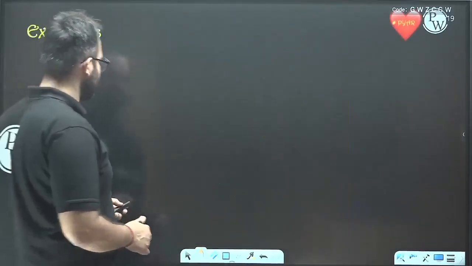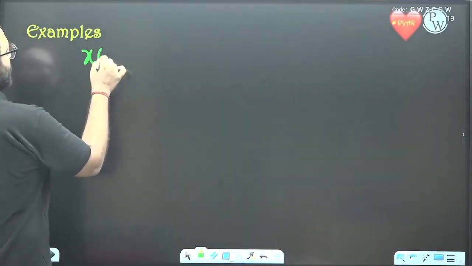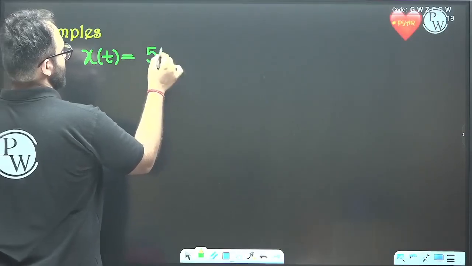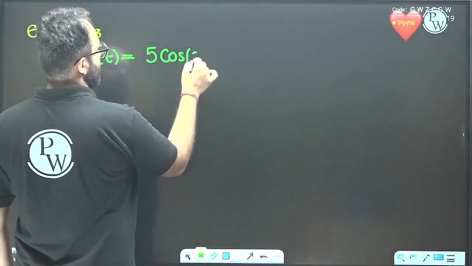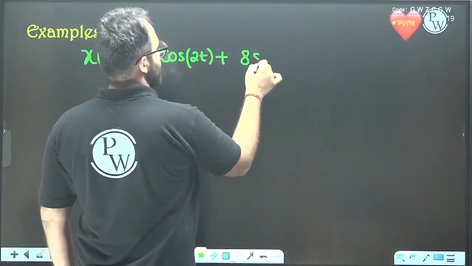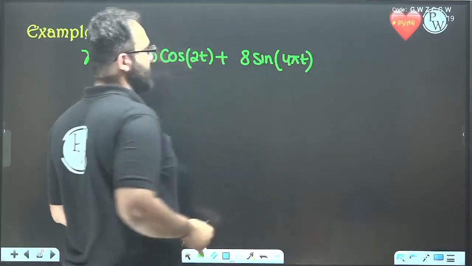Let's see one more example for clarity. For example, x(t) is equal to, okay, so this is a signal.